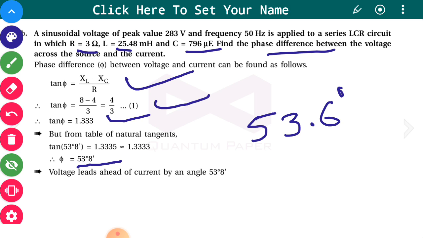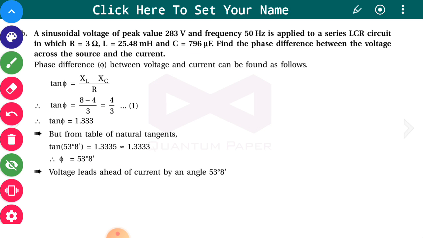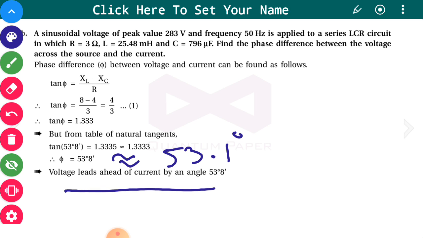Okay, 53.1 degree you will get, because 53 degree 6 minute is approximately 53.1 degree. 6 minute means 0.1 degree. So voltage leads ahead of current by about 53 degree.